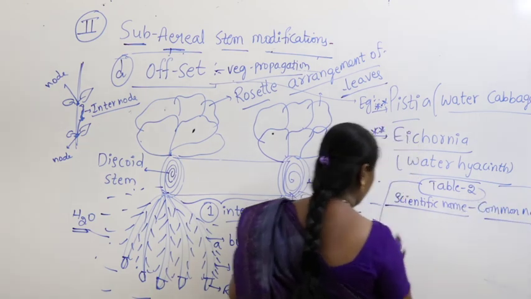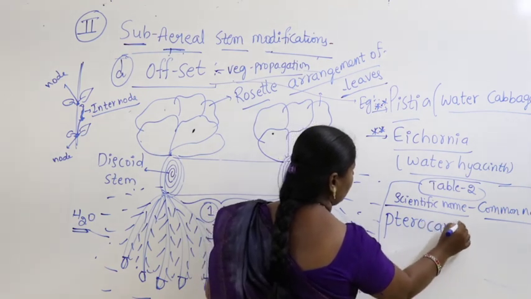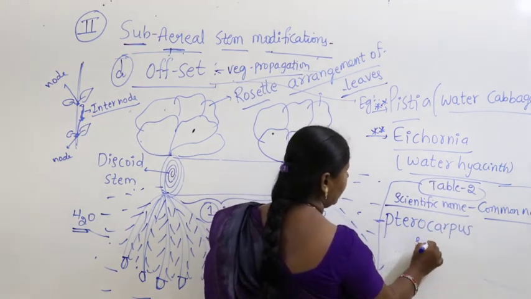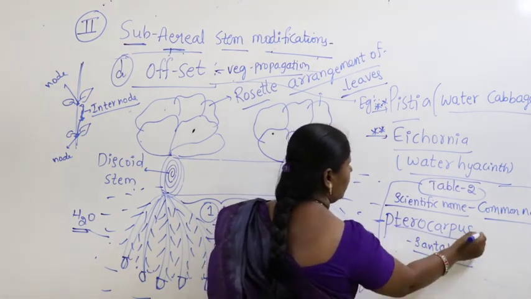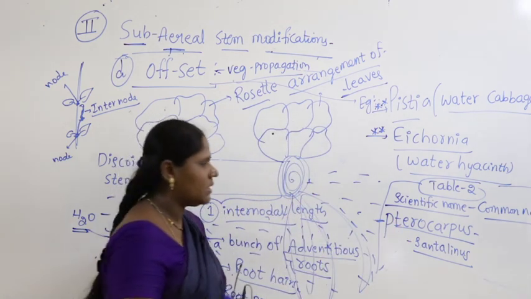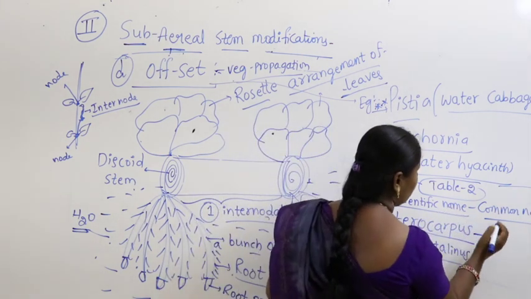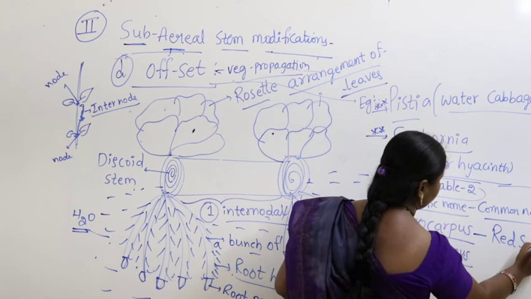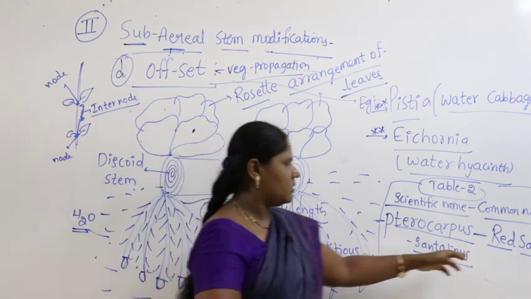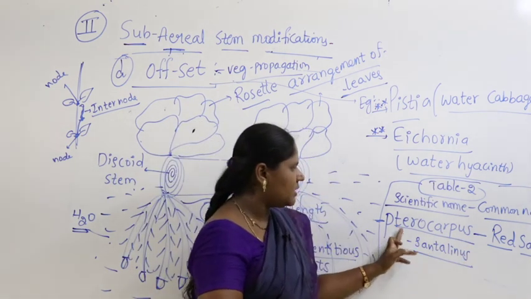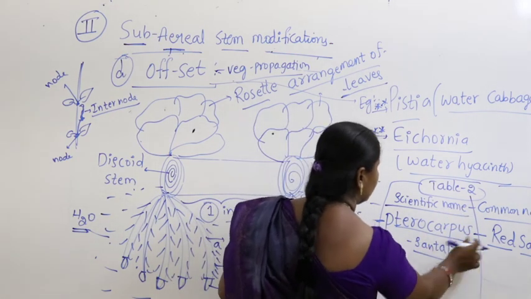In scientific name you can take Pterocarpus santallinus. Listen carefully to the pronunciation. The common name is red sanders. Red sanders's scientific name is Pterocarpus santallinus. Important: the scientific name and the common name.